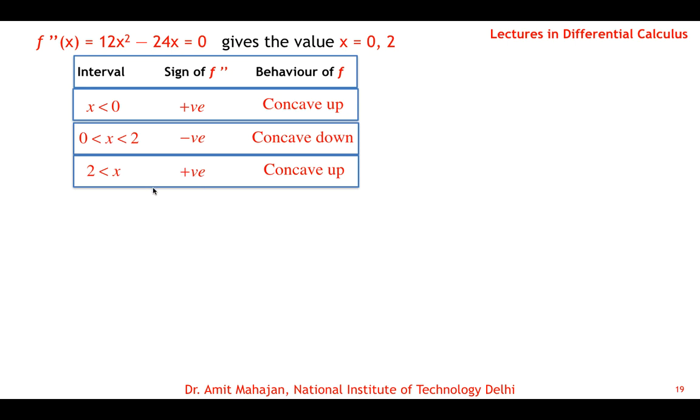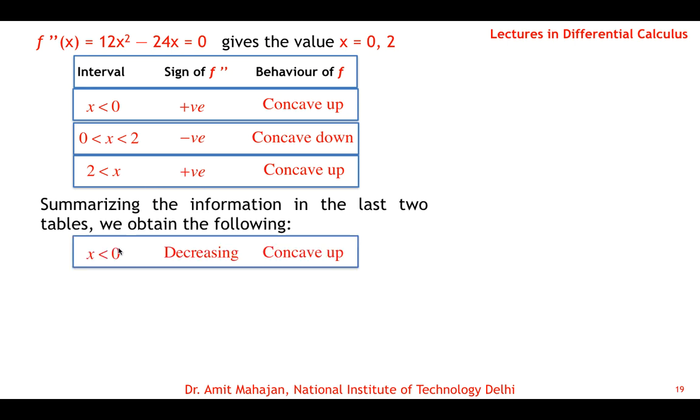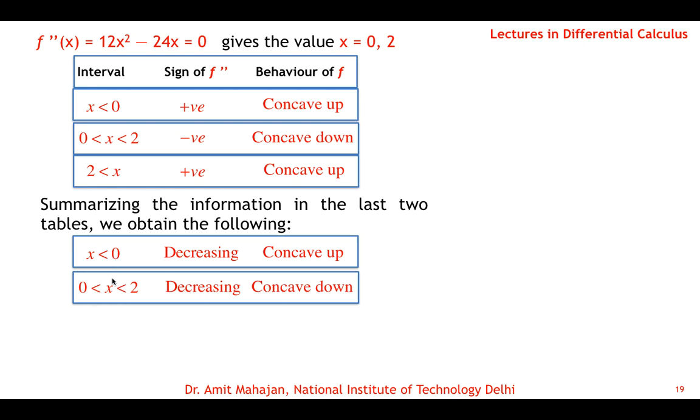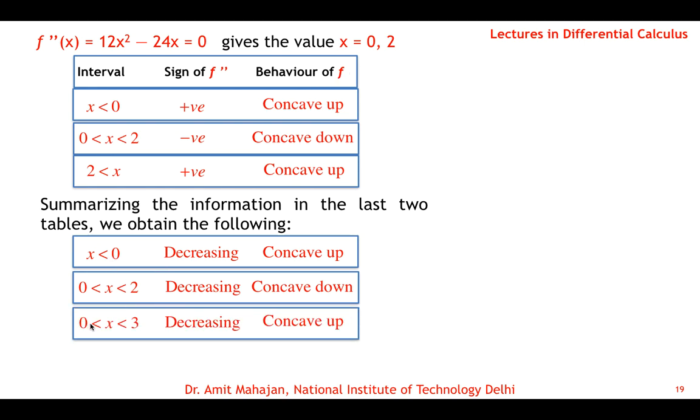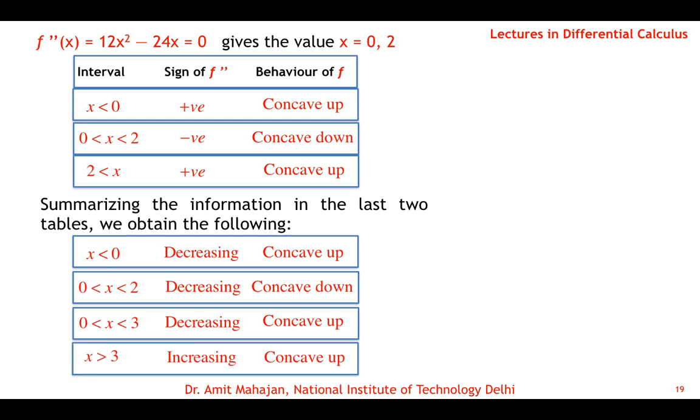We had x less than 0, then 0 to 2, then, here I wrote it wrong, it is 2 to 3, and then greater than 3.